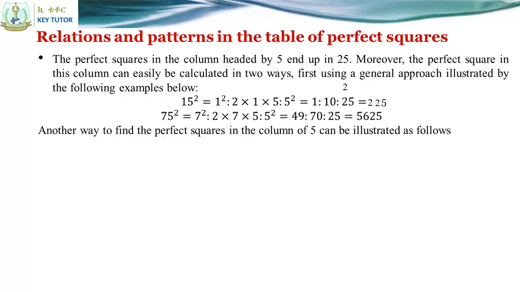Alright, so the tens digit square is 1 square, which is 1, twice the tens digit times the unit digit is 10, 2 times 1 times 5, and the unit digit square is 25. Okay, so what are we going to do?